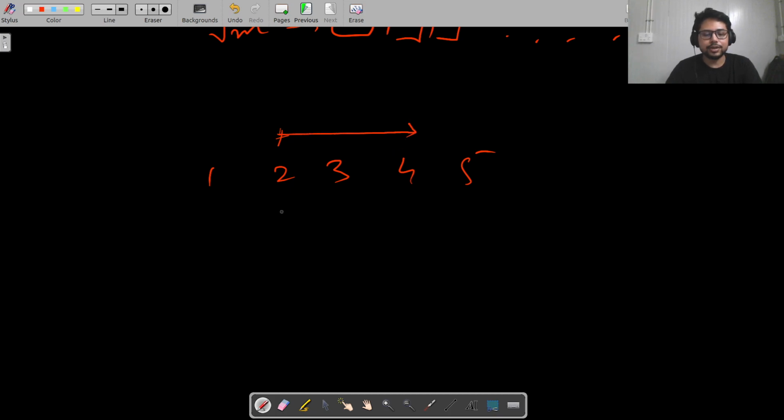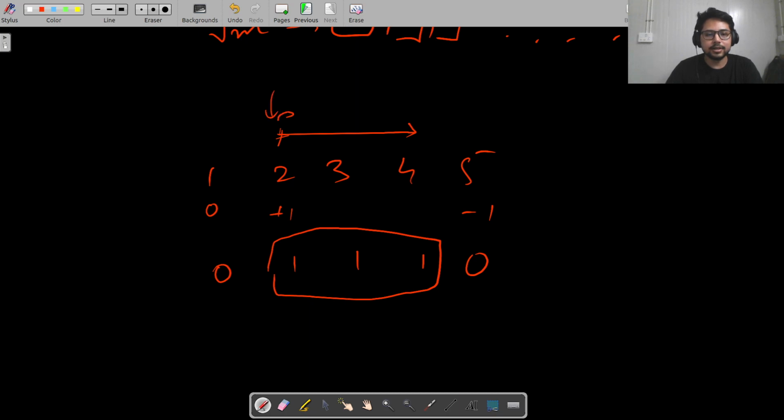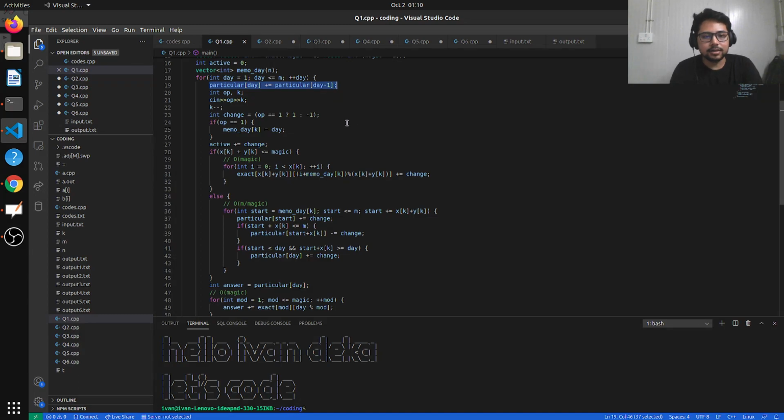So what you do is you do a plus 1 here and a minus 1 here, and when you take a cumulative prefix sum, it goes from 0 to 1 1 1 and again 0, and this says that the element e was present from 2 to 4. A similar thing is happening here also.